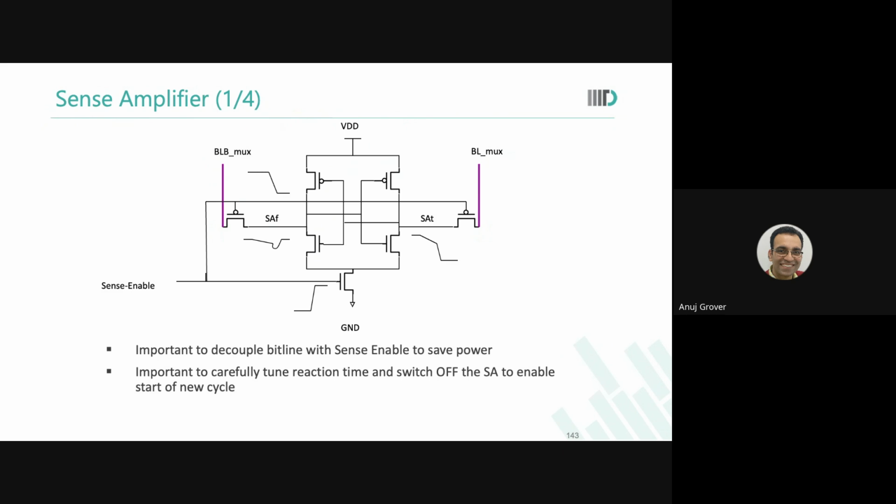Once the required VDIF is achieved, you want to turn the sense amplifier on. That required VDIF will depend on what is the sense amplifier reaction time that you're looking for, or what is the SAEN pulse width you have. Are you able to see this? These are all interlinked problems, interlinked variables. They have to be optimized together.